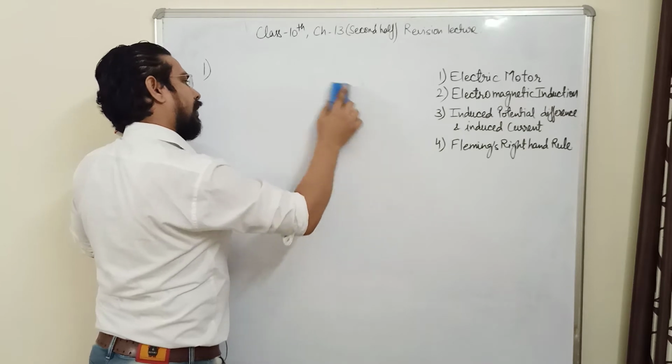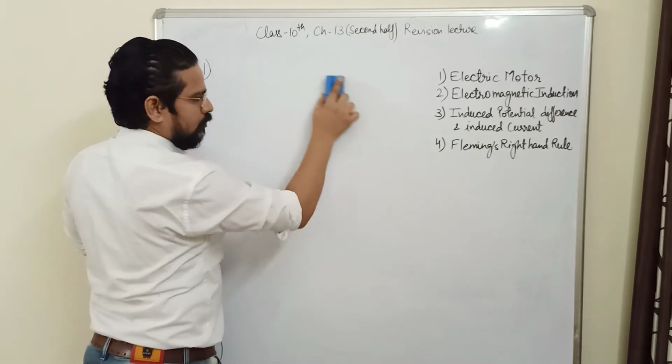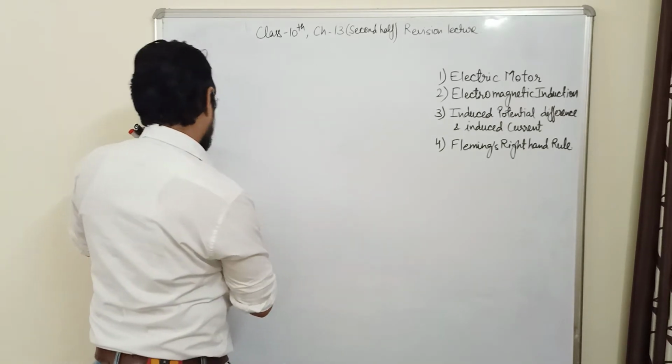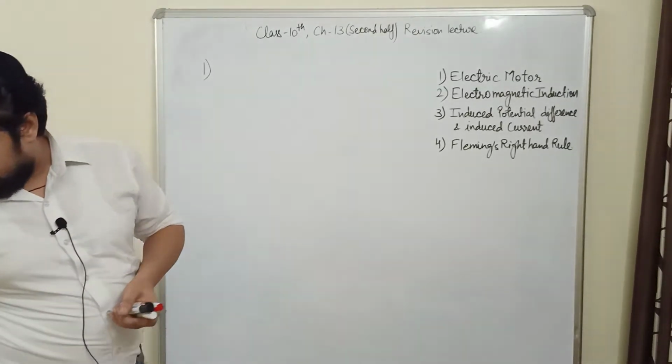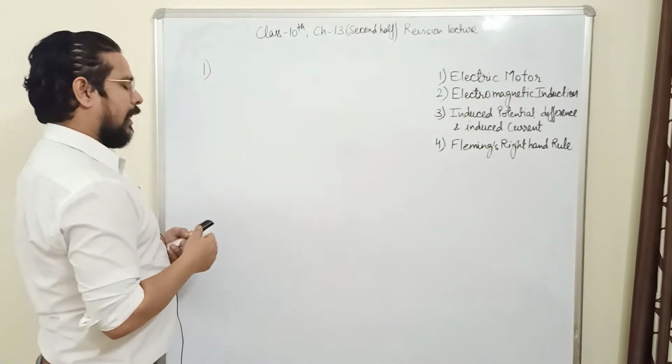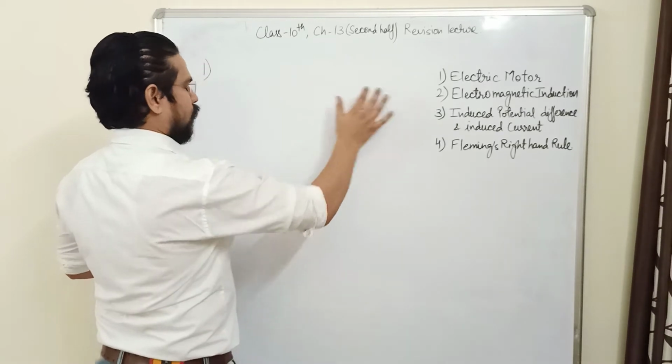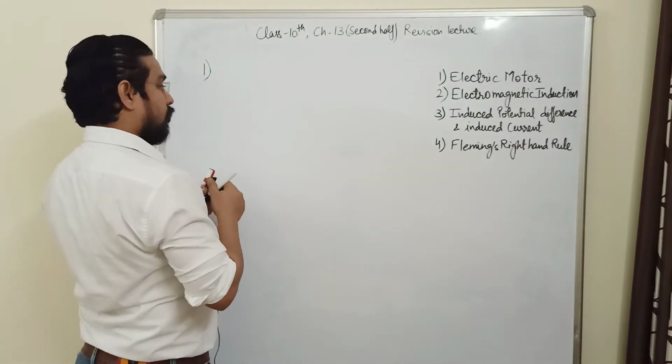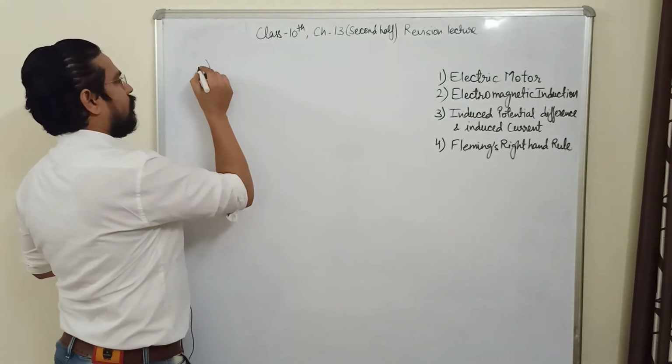So up to this point we were finding the direction of force on a current carrying conductor, and we were supplying the current to the conductor with the help of some source of EMF, some battery or cell. Now we are talking about the generation of electricity, how electricity is generated.